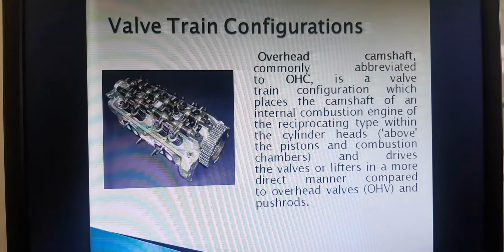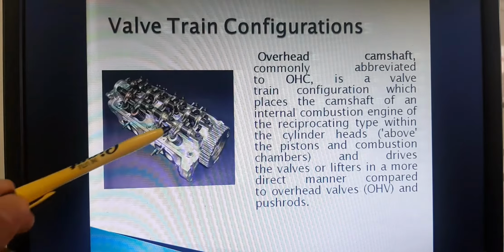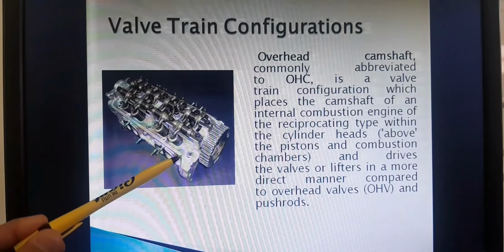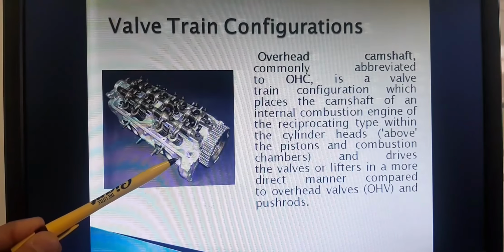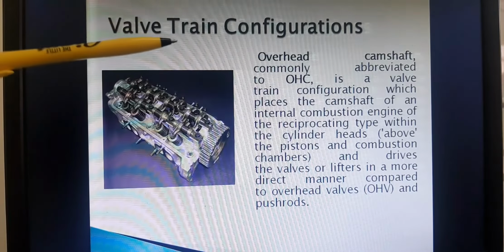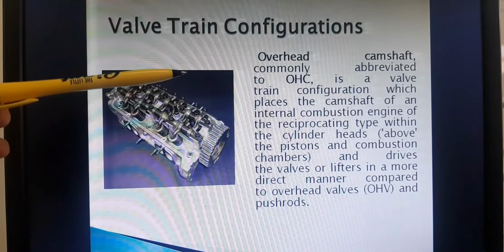Here is our illustration of our overhead camshaft. As you can see, this is the cylinder head. The cylinder head is placed above the engine block or cylinder block.